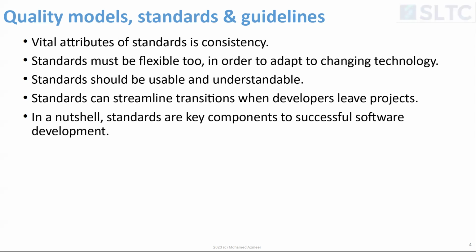If it slows you down, then we have a serious problem with our standard. And the other thing is understandable. It should be very easy to understand. If the standard is very complex and you need a dictionary along with the standard, then people will not adopt the entire standard. They will only adopt what they can understand.